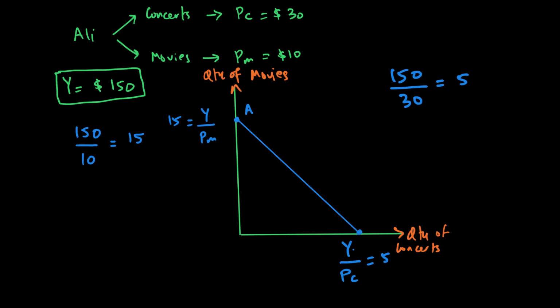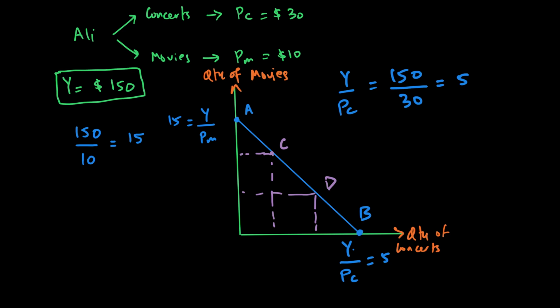Now, this is an important thing to understand. While on combination A, I'm only buying movies. Let's call this combination, for example, B, I am buying only concerts, and that's why this becomes Y over PC. So within this, I have many other combinations, like for example, combination C, or combination D, where this consumer could be buying a bit of both goods.